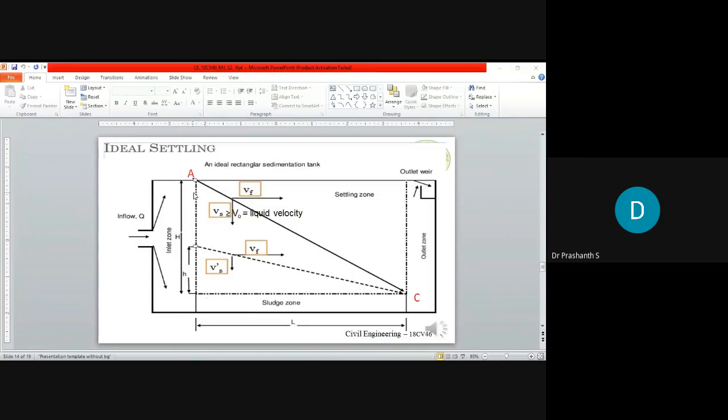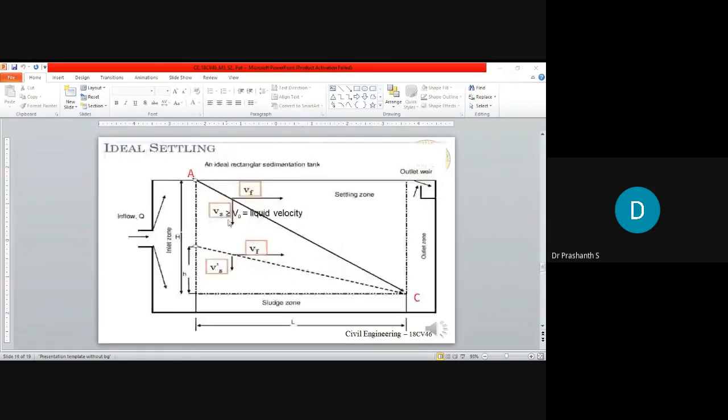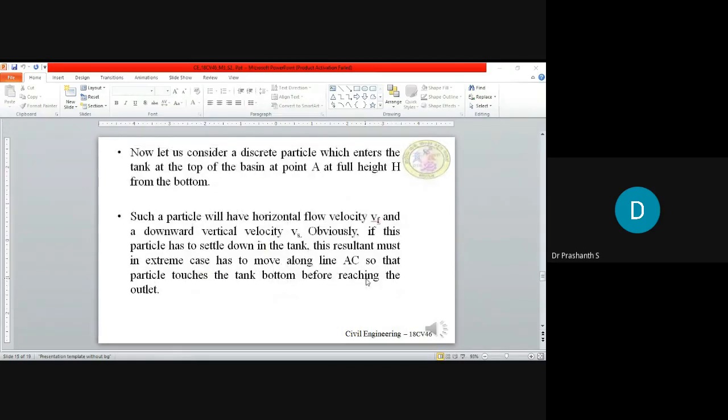Such a particle will have horizontal flow velocity Vf because water is flowing and carries the particle, and a downward vertical velocity. Obviously, this particle has to settle down in the tank. In the extreme case, the resultant must move along AC. Within this, if it comes, it will fall down, so that the particle touches the tank bottom before reaching the outlet.